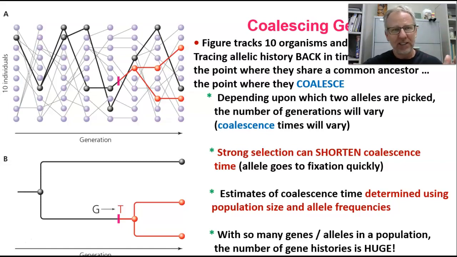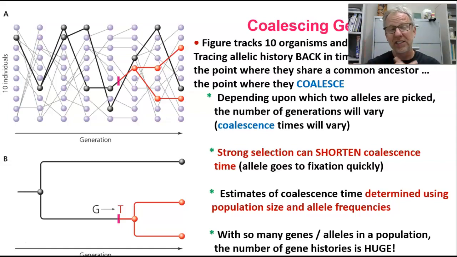So now we can trace that allele forward in time, and we can see how that allele has been passed on to a couple organisms, but the one we're focusing on is the black one, so we're tracing that black version. So we go one generation forward, it's been passed forward to that organism. Now that organism is passing that black allele on to two organisms in the next generation. So you can see them going forward. And then from there, they're passing on to the next generation.